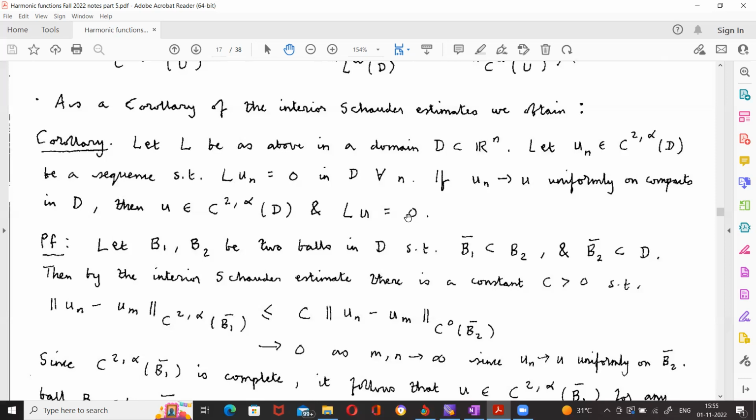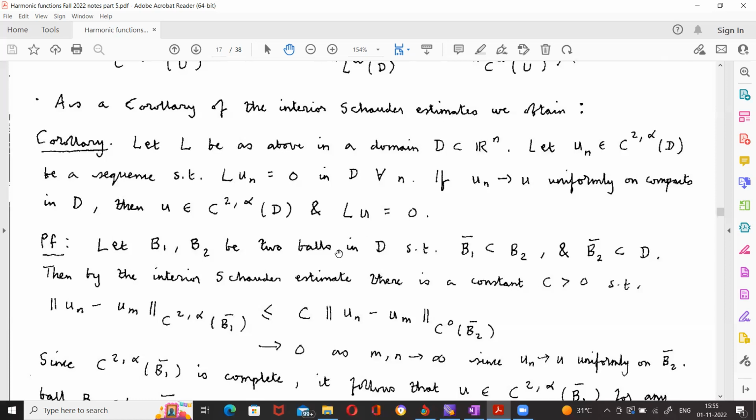What's not obvious is that the limit function is even differentiable, because differentiable functions are not closed under uniform convergence. A uniform limit of differentiable functions is not necessarily differentiable. So here the point is the stronger condition of L harmonic implies the limit is C2 alpha and L harmonic, all right?